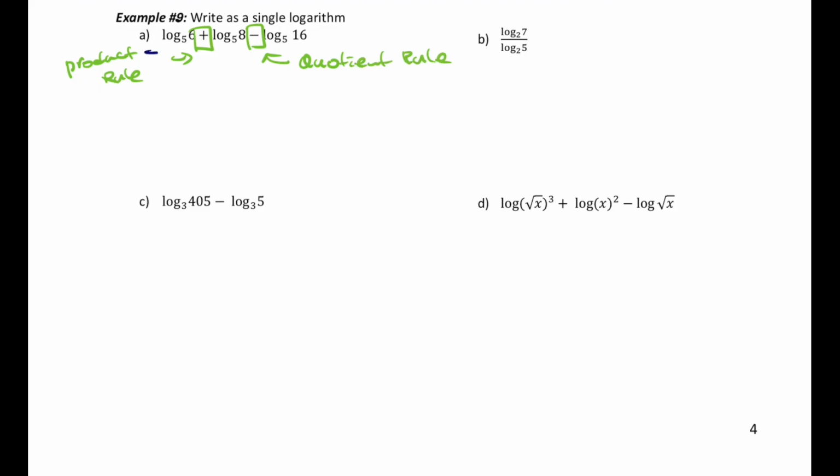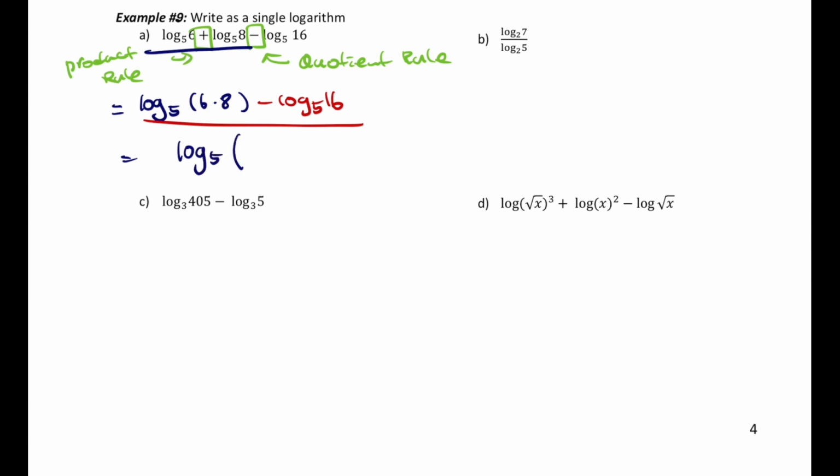So first two terms, I'm going to change it as log 6 times 8, okay? And I still have the remaining part, right? Then using the quotient rule, I'm going to change its format to log base 5 of 6 times 8 over 16, which can simplify into log base 5 of 3.